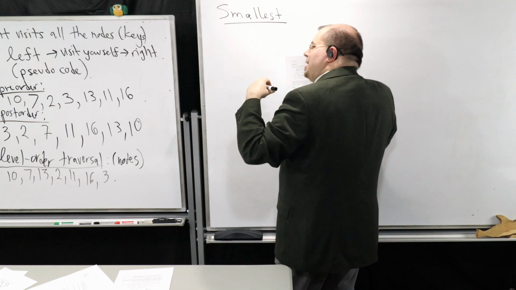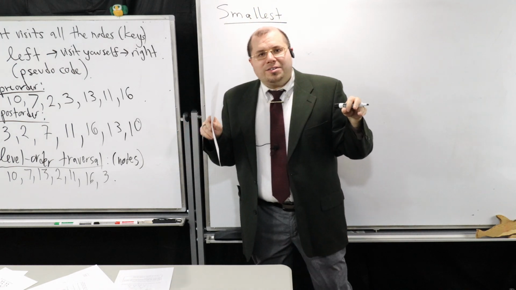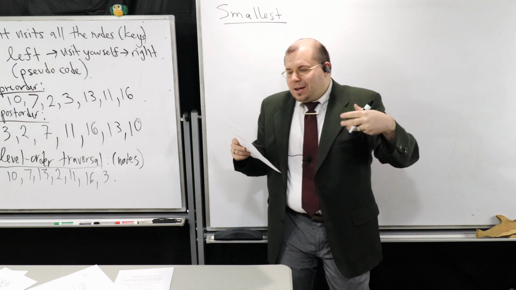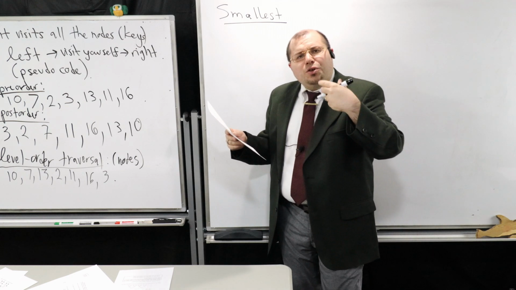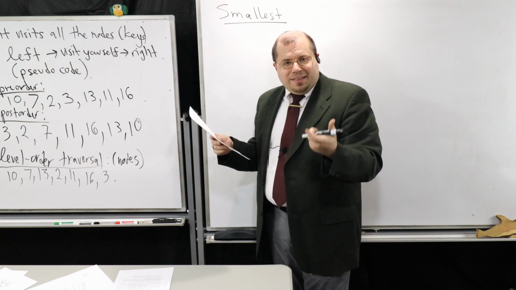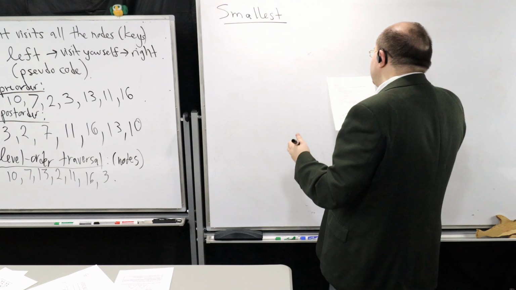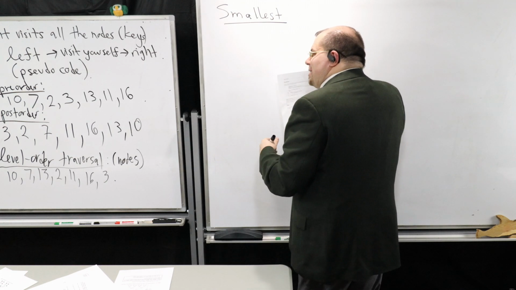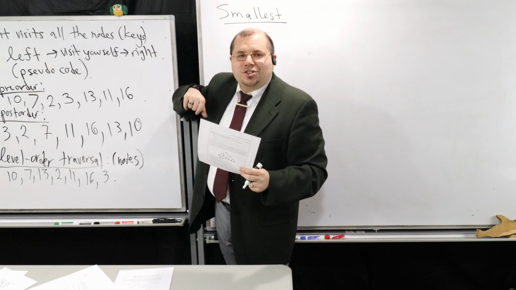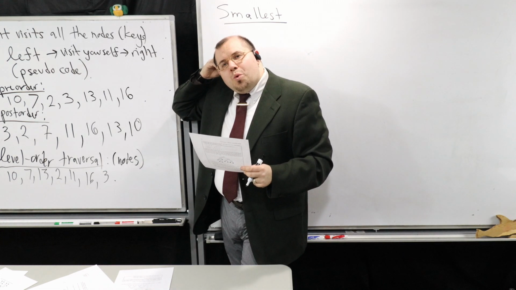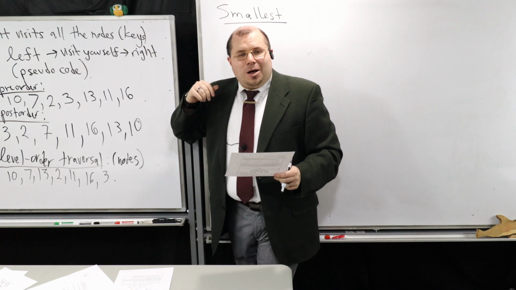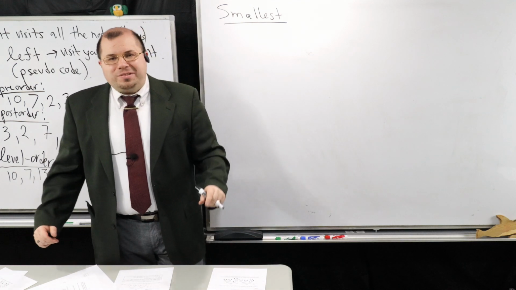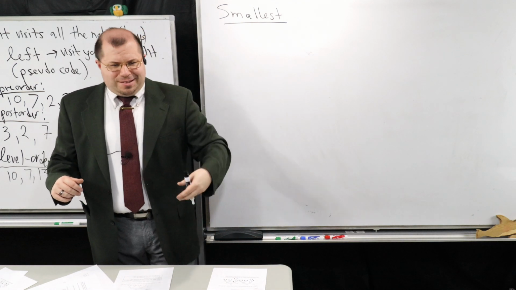Remember, the goal here is to end up with the data or value, or in our case, I'm going to give you the node. I would like to know what the node is that has the smallest key in it. If you looked at my binary search tree over there, where was the node with the smallest key? Was it furthest to the right in the tree? Was it in the root?